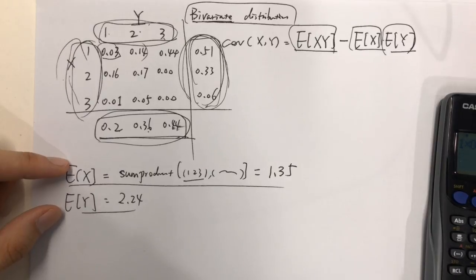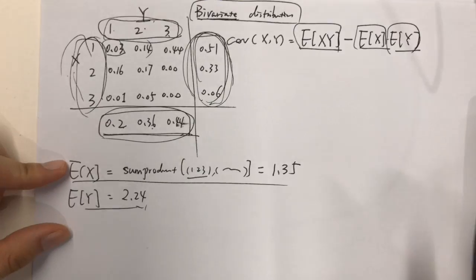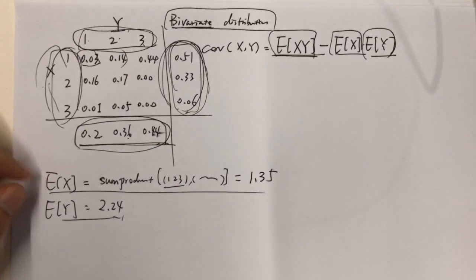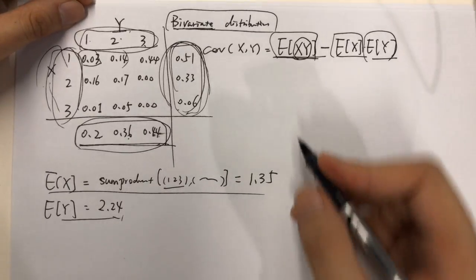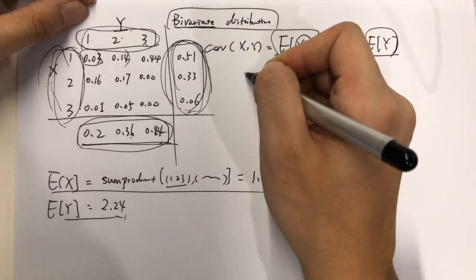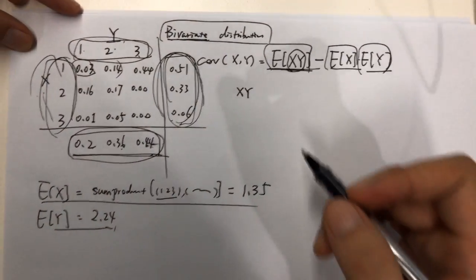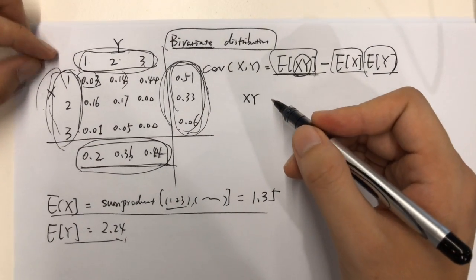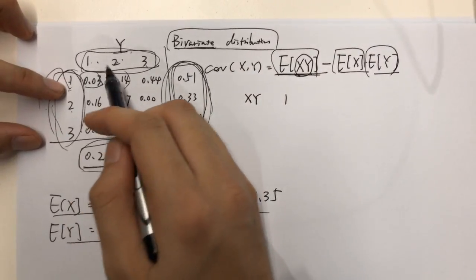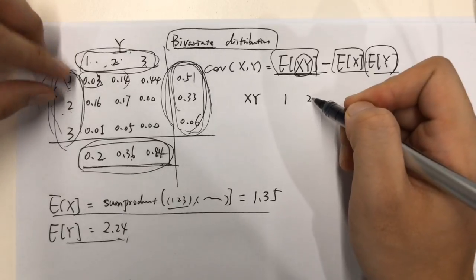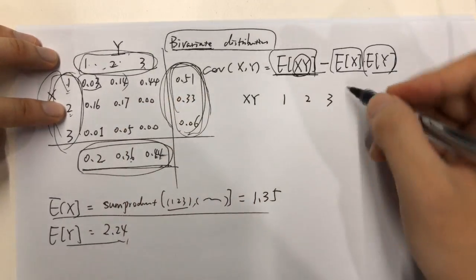Now, what else? Okay, E[XY]. E[XY] is a bit tricky because we need to find the distribution of x times y as a new random variable. So let's first see what the possible values of x times y are. 1 times 1 is 1, 1 times 2 or 2 times 1 is 2, and 1 times 3 or 3 times 1 is 3, and 2 times 2 is 4.